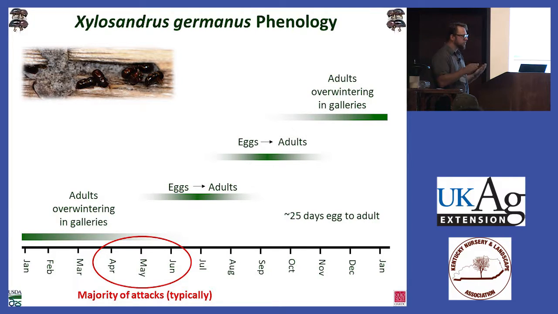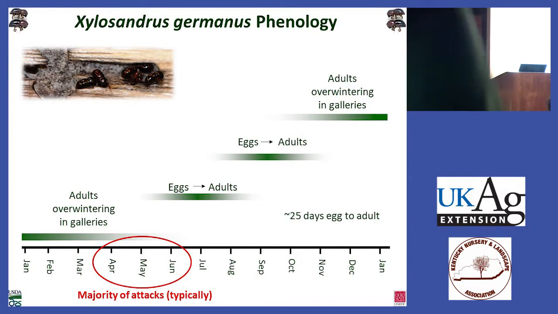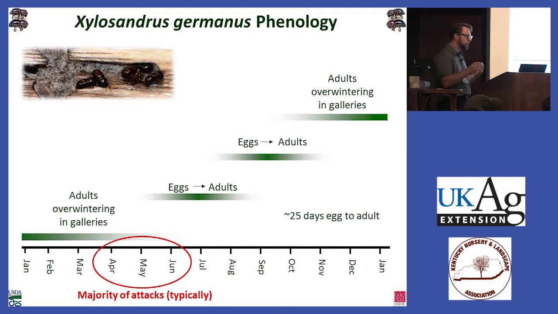In Kentucky, it's certainly a little bit earlier than that, and I would think mid-April might be the actual peak. We generally see 2 generations per year, and then those adults will overwinter again in the fall within the host tree.